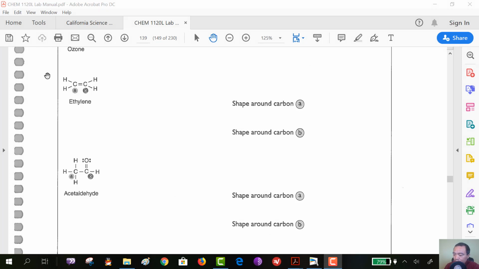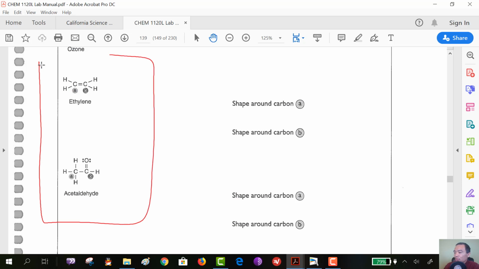For the examples you see over here, they have multiple center atoms. When you work on multiple center atoms, look at each center atom one at a time. For example, for ethylene, you look at carbon A, and you only look at the bonds and the dots connected to that particular carbon, and do not look at anything further than that.